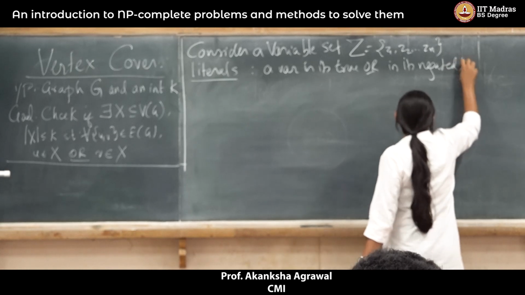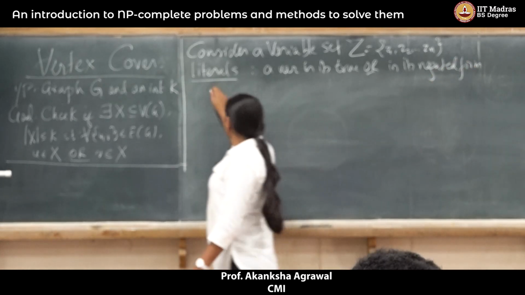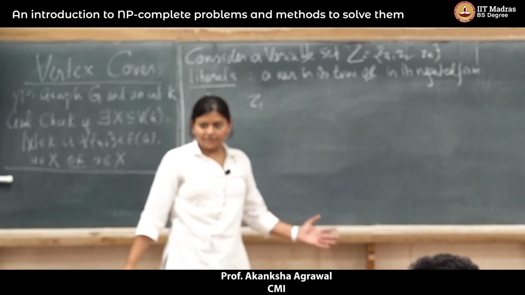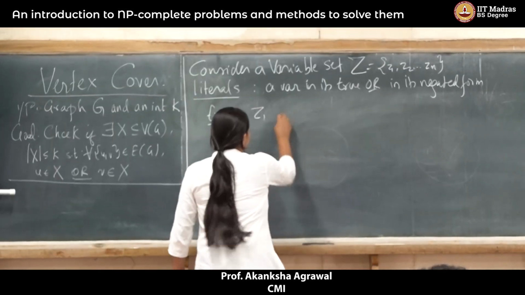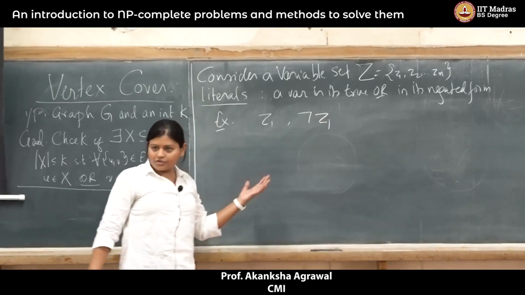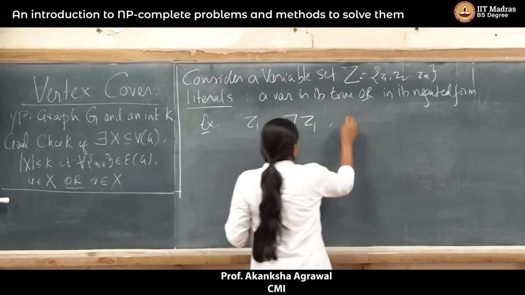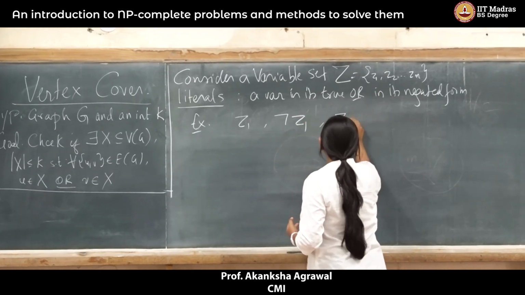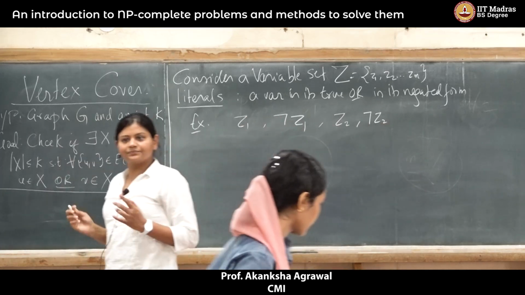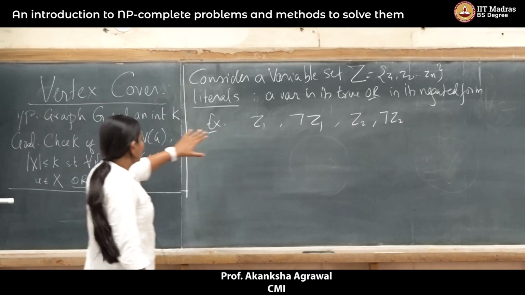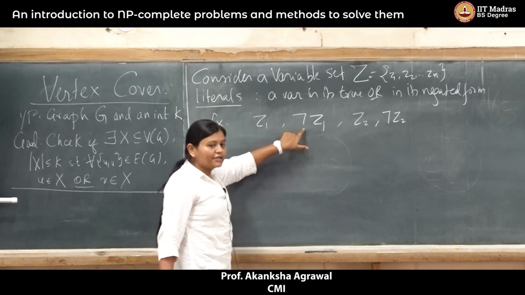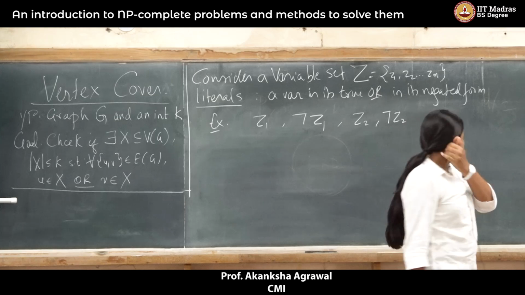For example, Z1 is a literal, and the negation, which we'll denote by this symbol, negation of Z1, is also a literal. Z2 is a literal. Negation of Z2 is also a literal, and so on. So we have a variable in its true form, or the negated form of the variable. The symbol denotes negation.